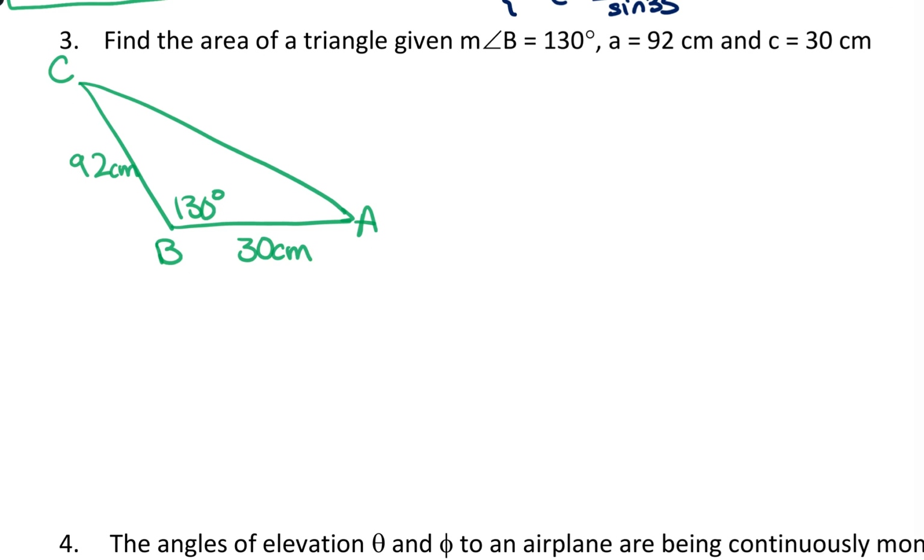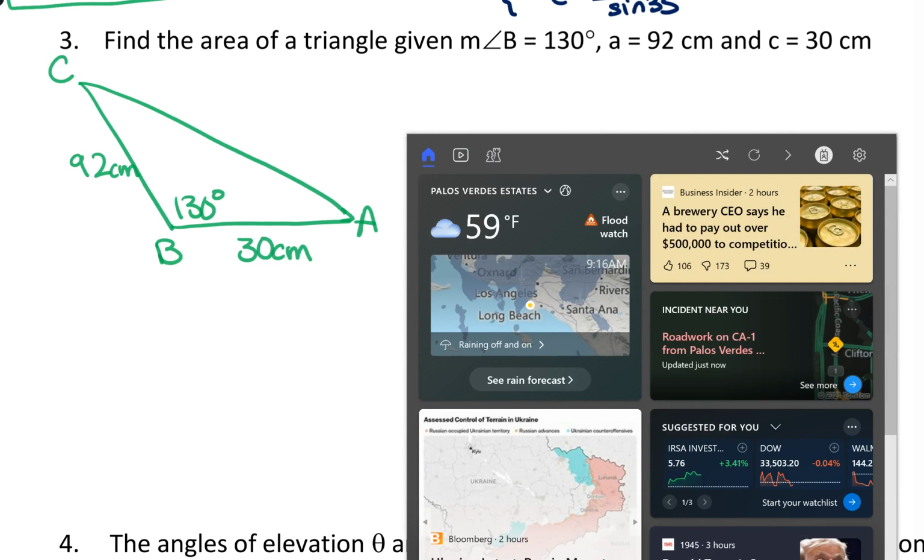To find the area of a triangle, the formula that we know is area equals 1/2 base times height. We can take that formula and develop it into another formula that's going to allow us to find the area of this triangle pretty quickly by applying this new formula that uses a sine.